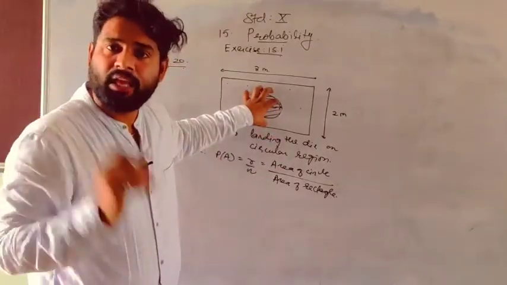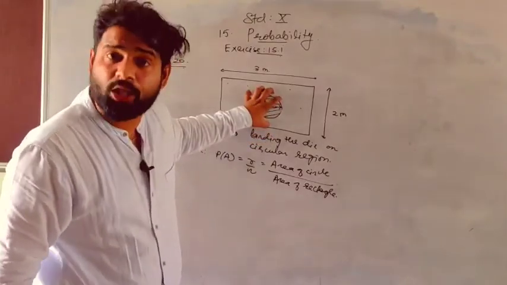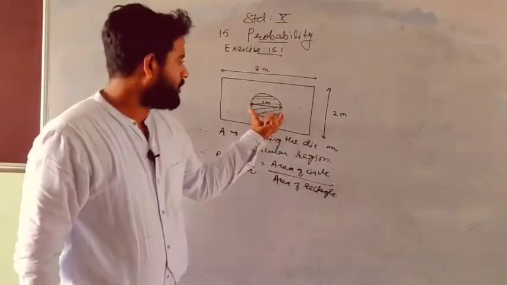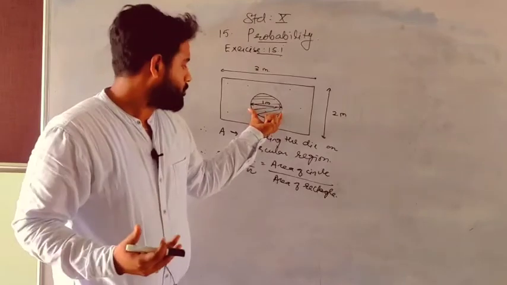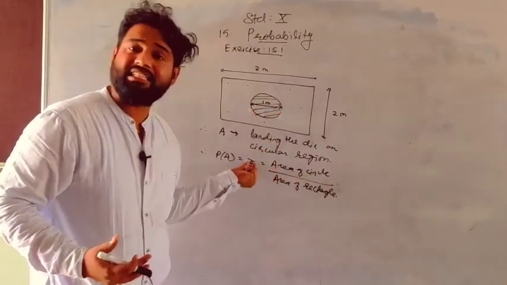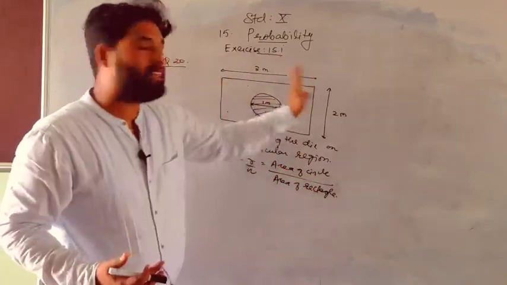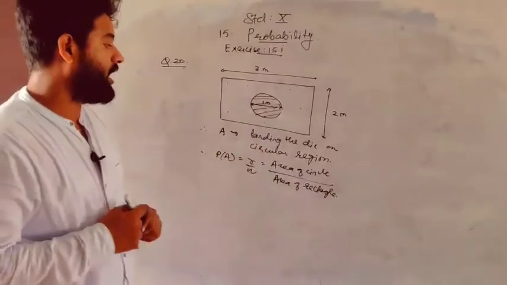It can be a circle, a square, or anything. Because here the circle is the desired landing area, that is R, and the total is the rectangular region. So area of circle upon area of rectangle.